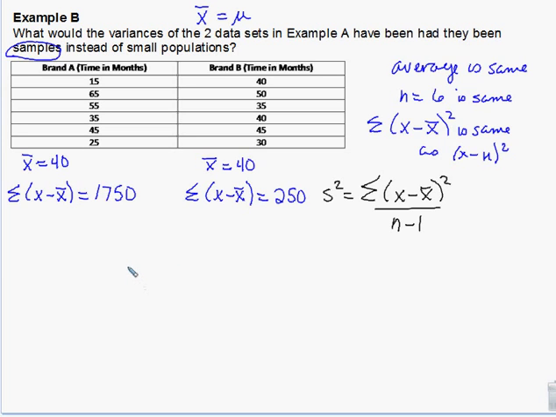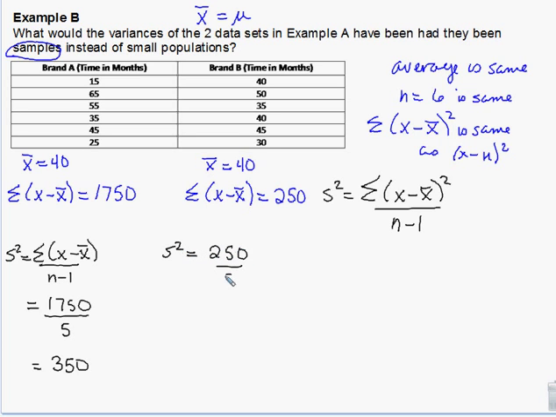Okay, the sum is the same. So now my equation does change. So I have 1750 divided by 5 instead of 6. So that gives me 350. And here I have 250 divided by 5 instead of 6, which gives me 50.